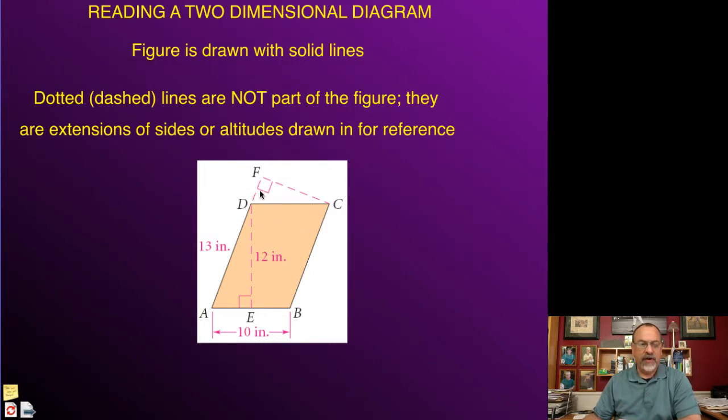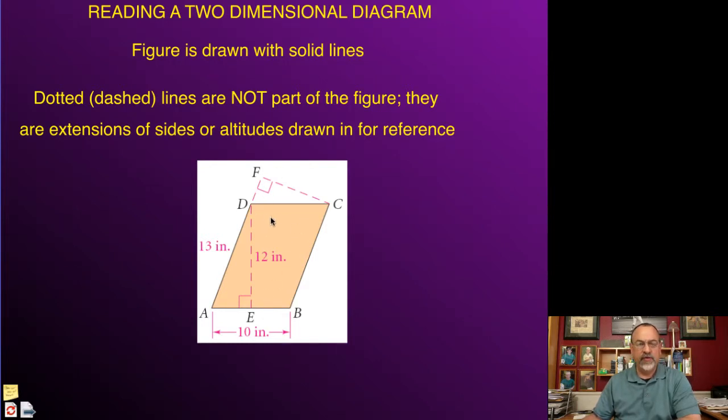If you're asked for the area, what's enclosed by these dotted lines, if it's not shaded, is not part of the figure that you're trying to calculate. These are only for reference. What they're giving us is the information that we need: this dashed line segment here is perpendicular to this, so if I wanted to use this value in my formula, I could.